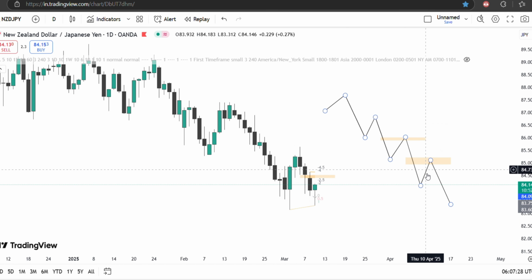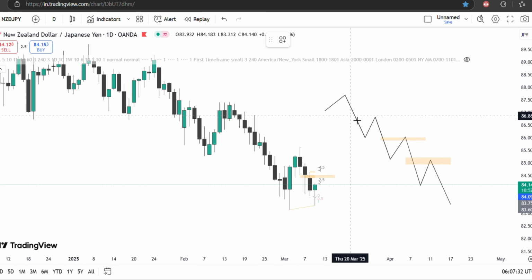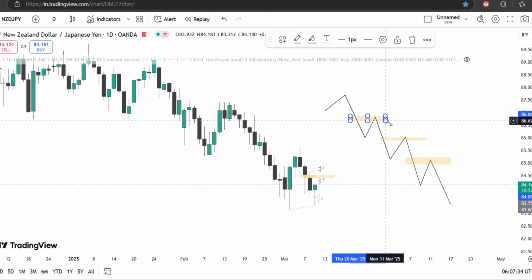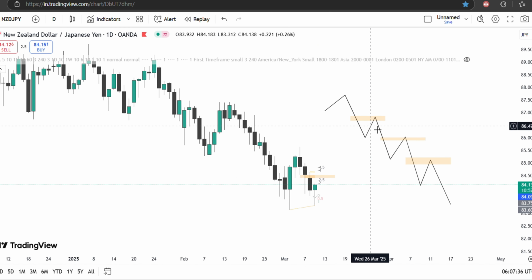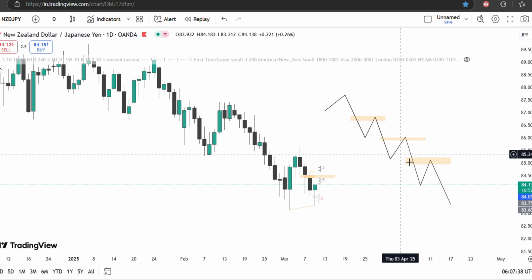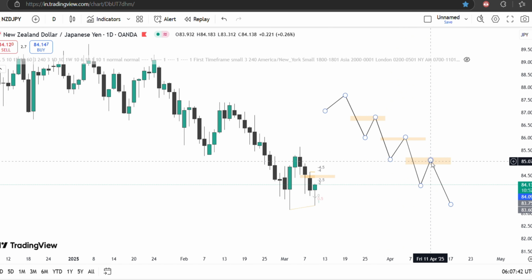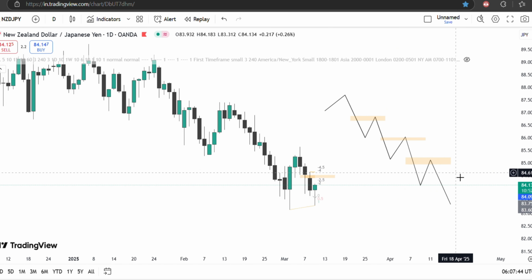So when price is retracing this way, it's tagging a PD array, and these PD arrays are going to help the price to reverse. Every reversal in this market starts with a swing point formation. So we want to find our failure swing over here, right, in these PD arrays.